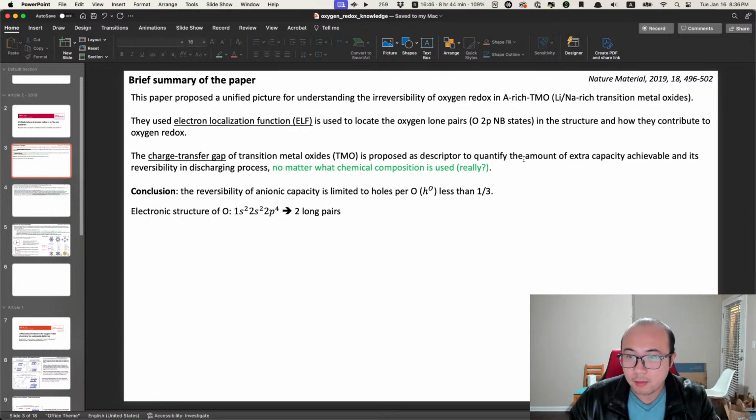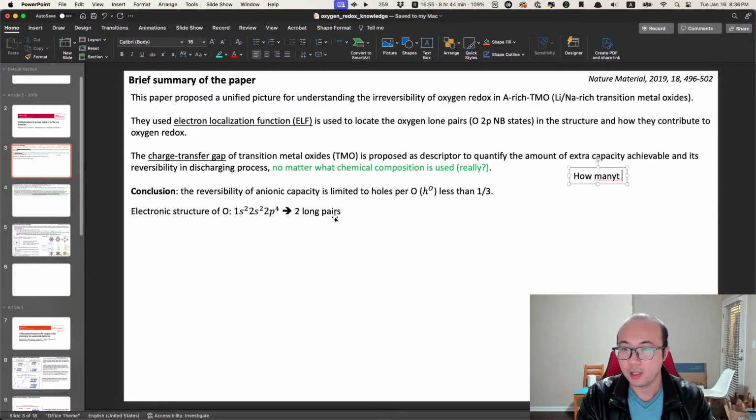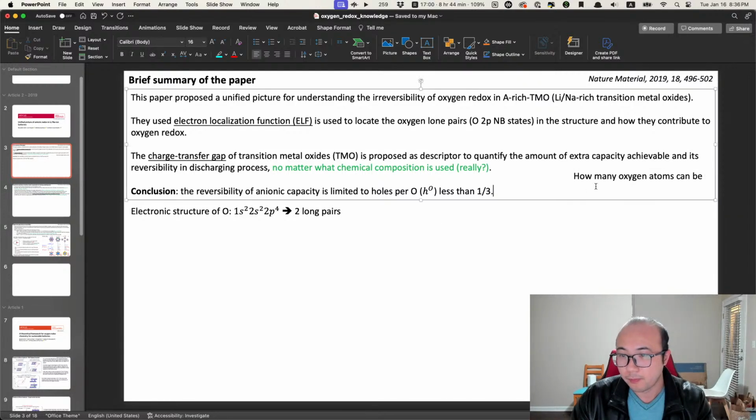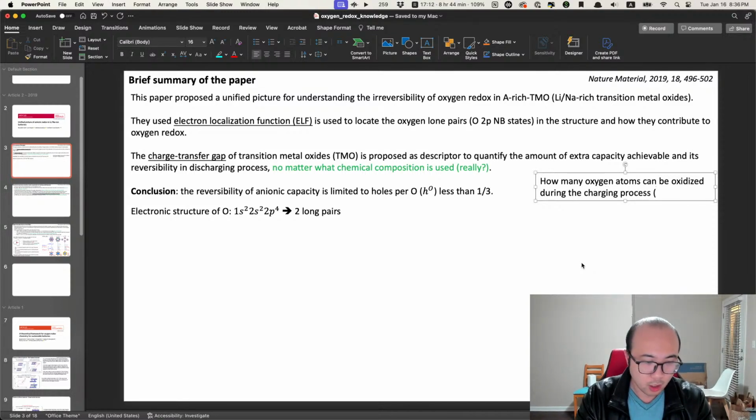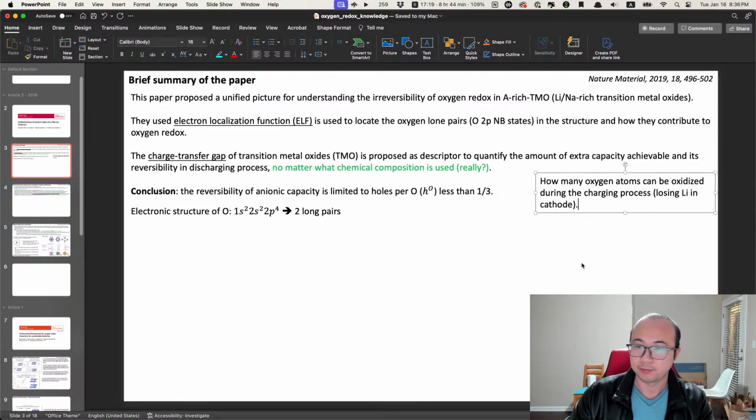So the amount of extra capacity achievable basically means how many oxygen atoms can be oxidized during the charging process. Charging process means that we're losing lithium in the cathode.